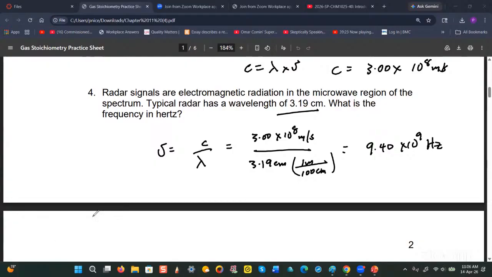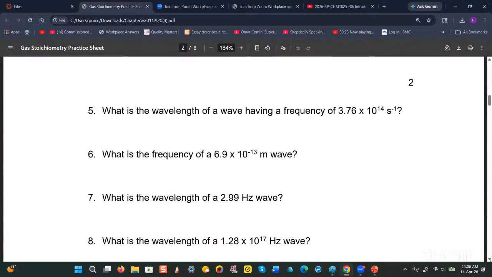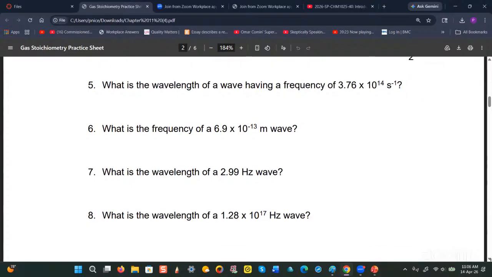All right, so let me clear this. Scroll down. Okay. Number 5. How would you deal with this one? Let me hear some ideas. How would you do number 5? The question is asking for the wavelength.